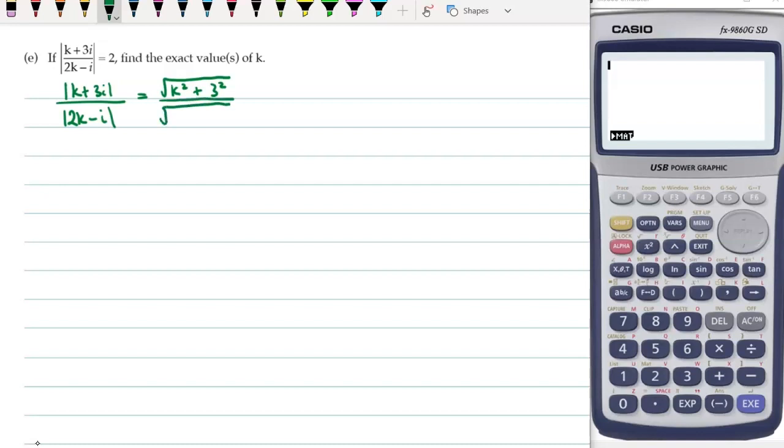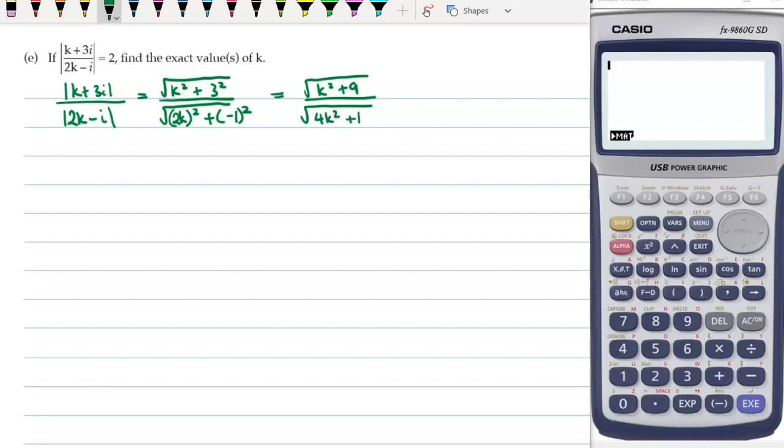And then that's over, again, the real part squared, and we add on the imaginary coefficient squared. So we end up with the square root of k squared plus 9 over the square root of 4k squared plus 1.